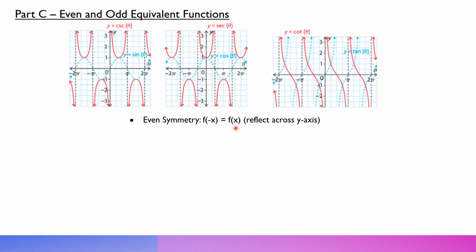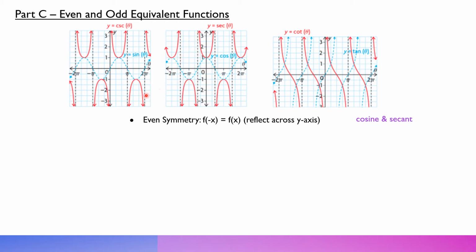So out of sine, cos, and tan, and of course the reciprocals go with them, do any of them fit there? Cosine and secant, so these ones right here in the middle. Cosine is the dotted blue line, so if I imagine flipping it horizontally, so this point down here gets flipped over, it lands here, right back where it was. So this one has even symmetry, cosine, and then also its secondary partner will have even symmetry as well.